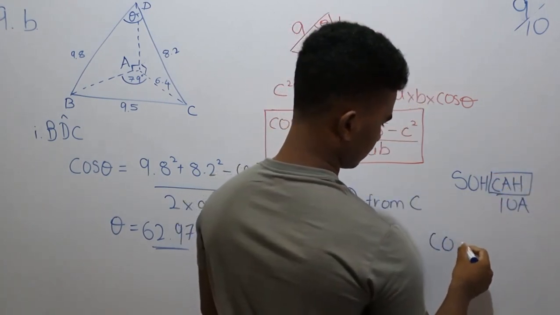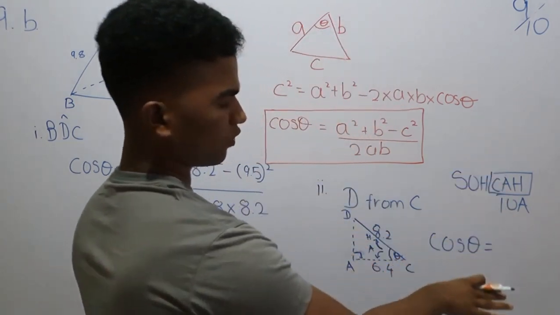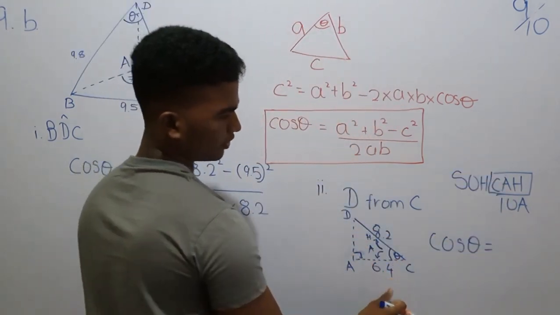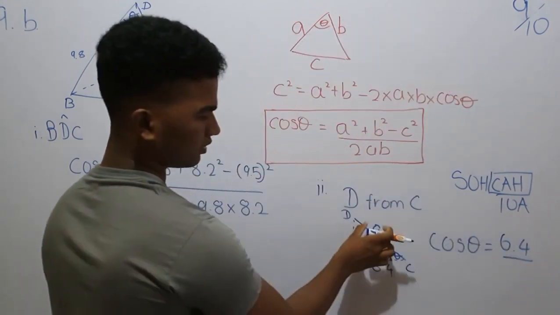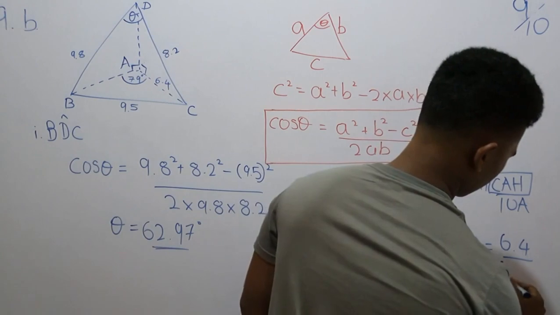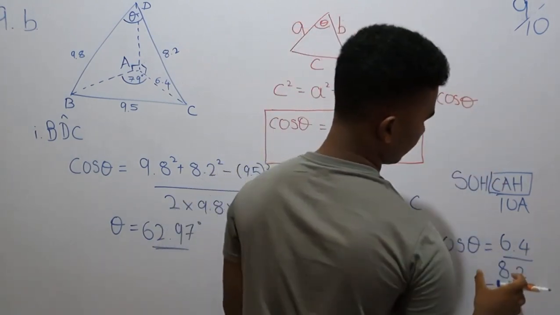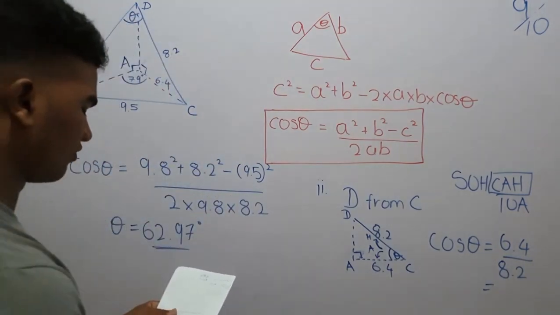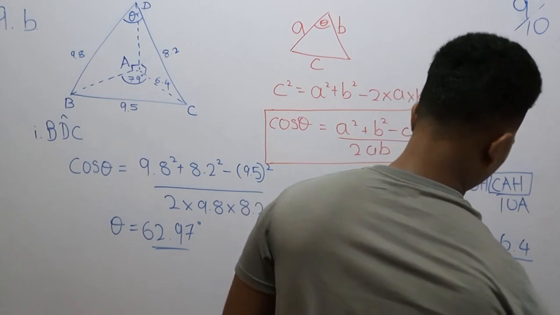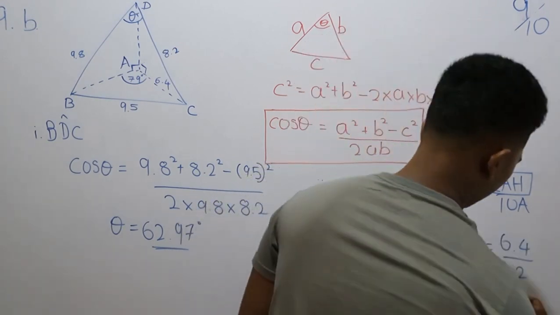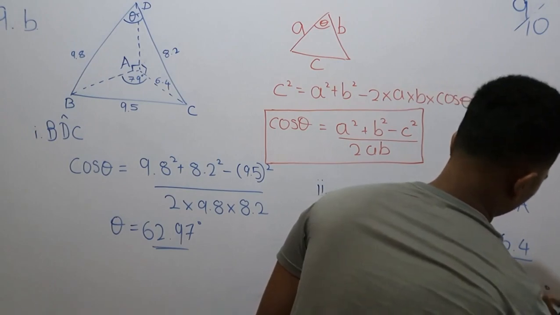Cos theta equals adjacent over hypotenuse. Adjacent is 6.4. Hypotenuse is 8.2. Put it in the calculator and inverse it. So you are getting the final answer, theta equals angle of elevation, 38.69 degrees.